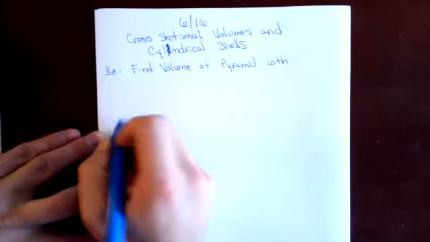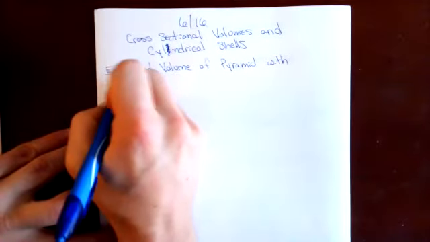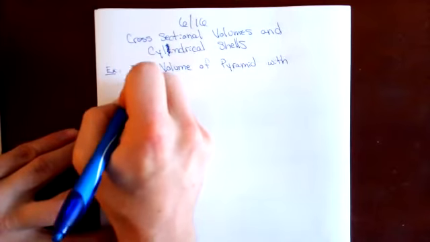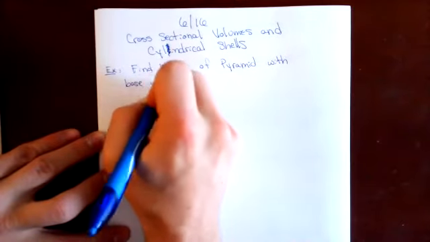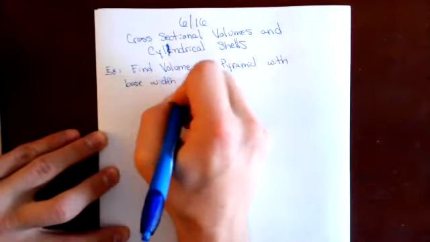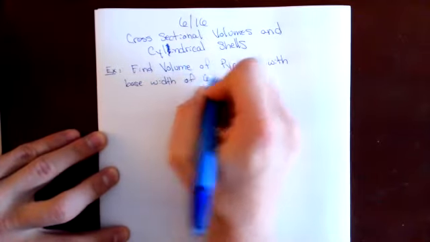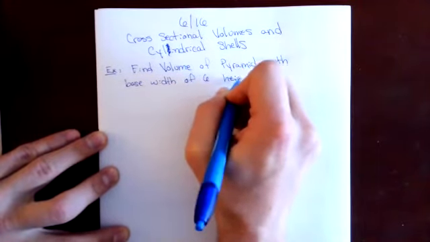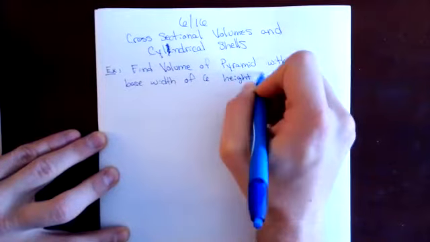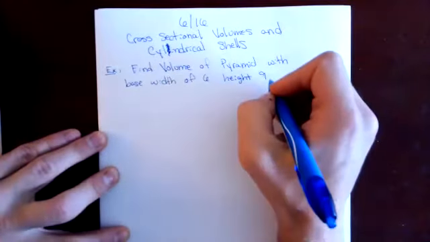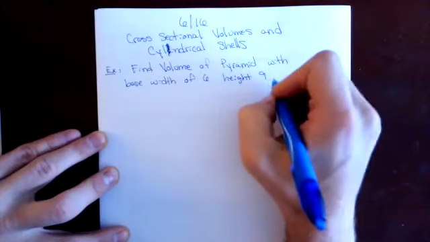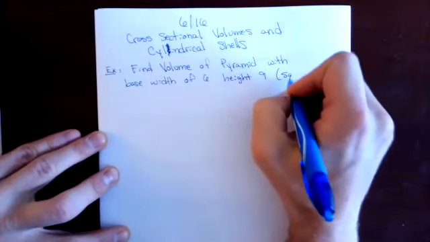We'll say with, let's give it a base. Give it actual numbers. Base widths of, let's say, 6, height 9, and then I guess I should say a square base.